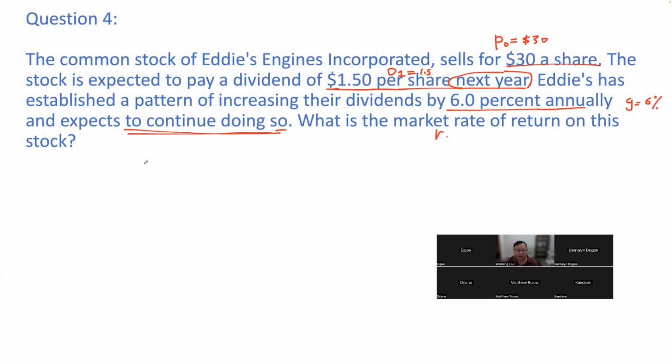So again, P0 equals D1 divided by R minus G. P is 30. D1, this time you don't even have to calculate it, 1.5. R minus G, that's 0.06.